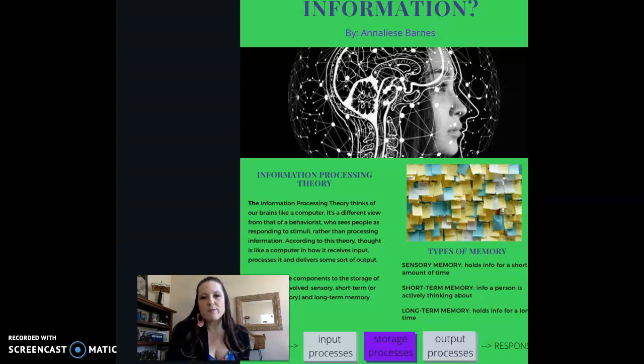With the information processing theory, it's more of a multi-step process where there's a lot of activity going on. Believers of this theory believe that our brain is working like a machine or a computer.